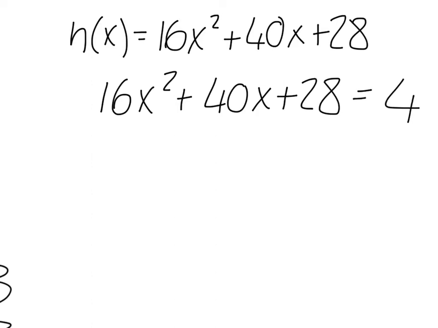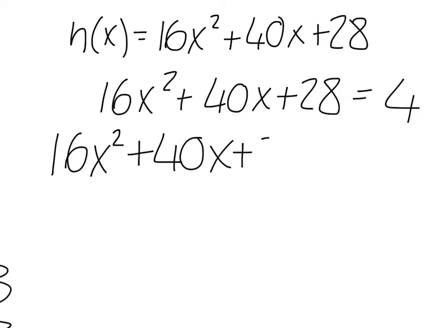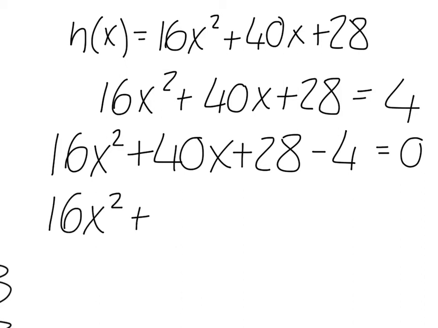So what we have now is an equation which we can solve by collecting everything to the left hand side. So we'll bring the 4 over alongside everything else. That gives us 16x squared plus 40x plus 28 take away 4 equals 0. Simplifying, we have 16x squared plus 40x plus 28 take away 4 is plus 24.